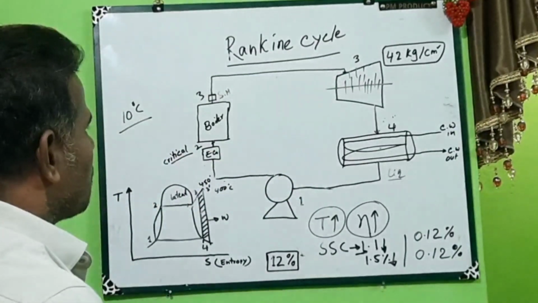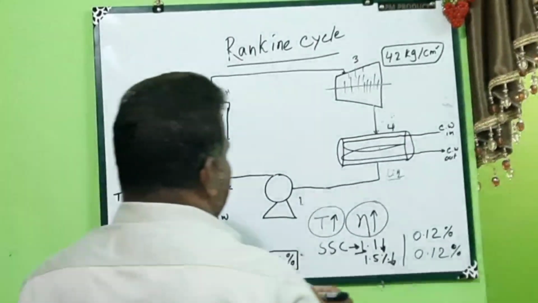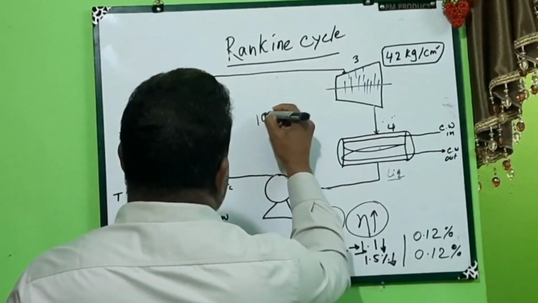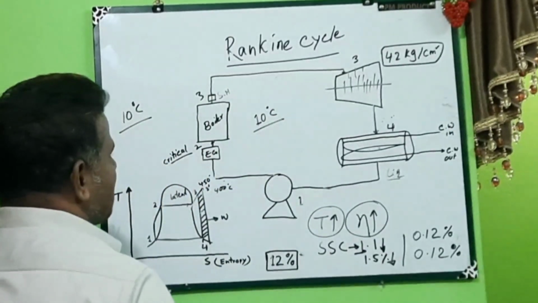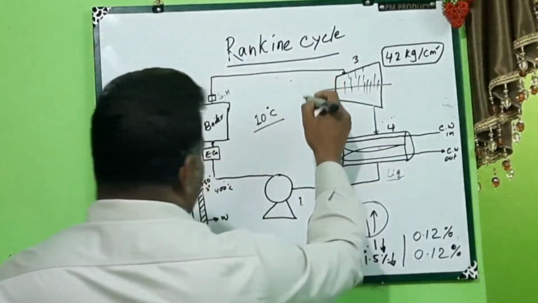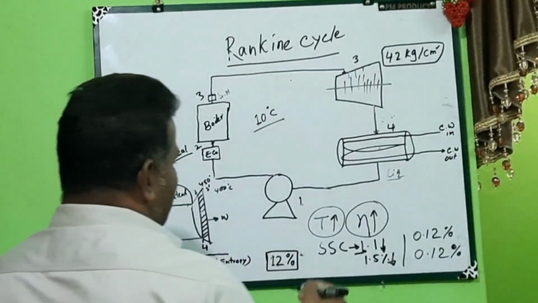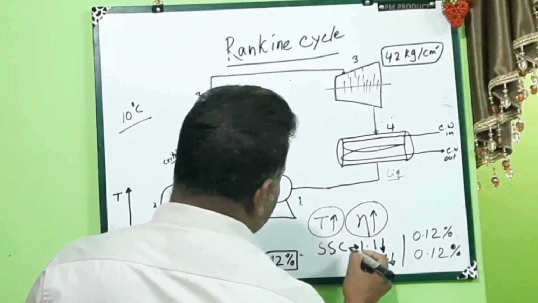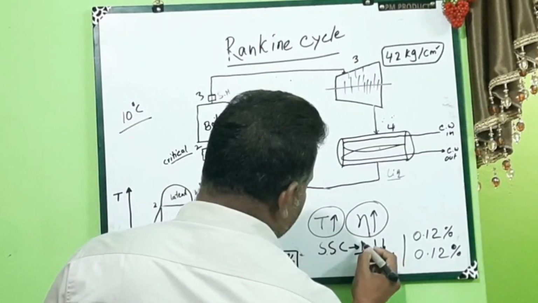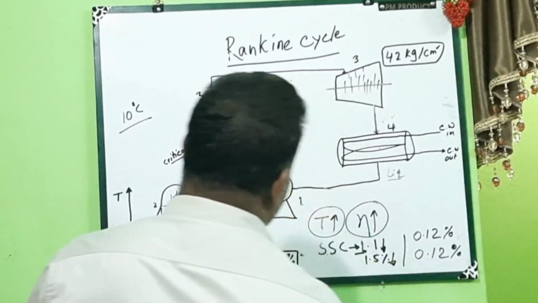Normally, as per rules, in the condenser turbine, if you increase the inlet steam temperature by 10 degrees centigrade, what will happen? This condenser type turbine's specific steam consumption will be reduced by 1.1%.